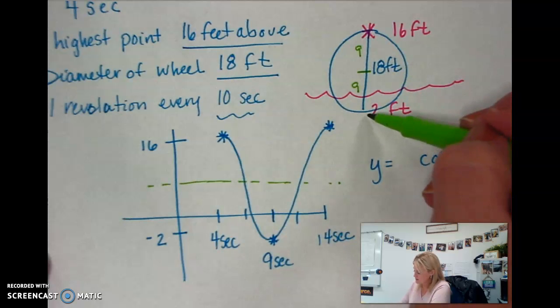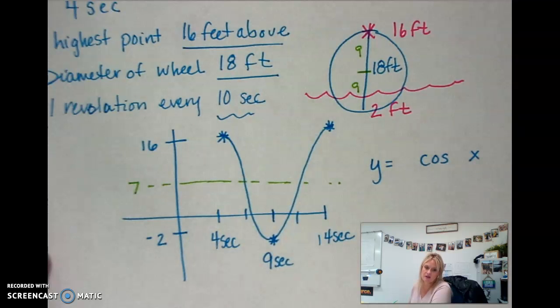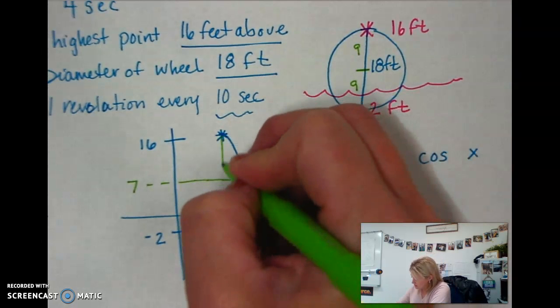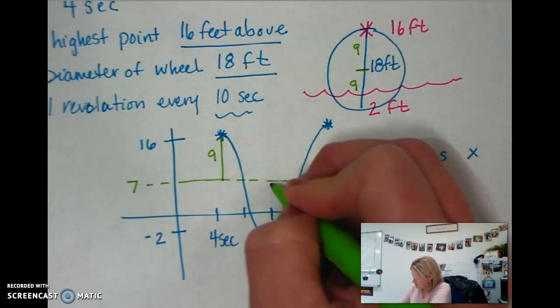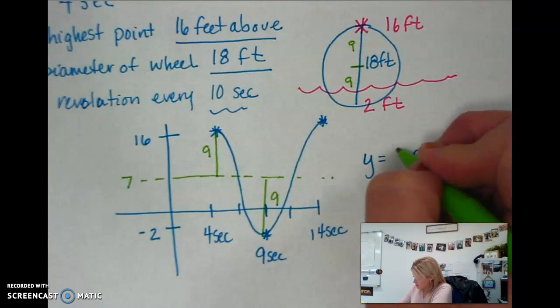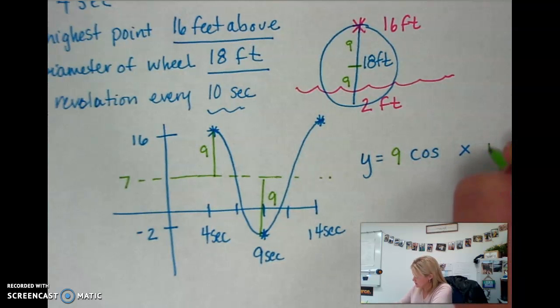Or what is negative 2 take away 9? That's a 7 right there. So my midline shifted up 7, which means I have an amplitude of 9. So my amplitude's at 9, and I'm shifting up 7.